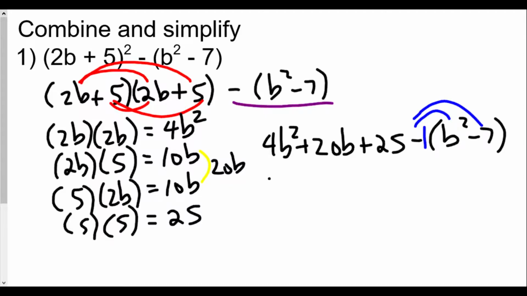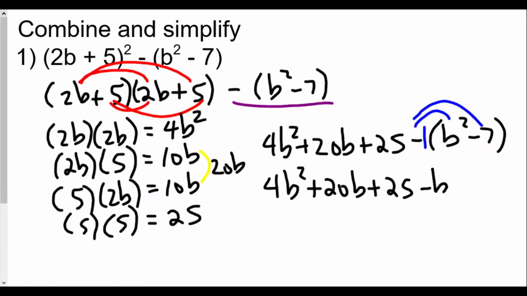So you will have 4b squared plus 20b plus 25, and -1 times b squared is minus b squared. And -1 times -7 is plus 7. So now we distributed -1. Be very careful, because a lot of times you may forget that we're multiplying everything by -1, and instead put down a -7 instead of +7.